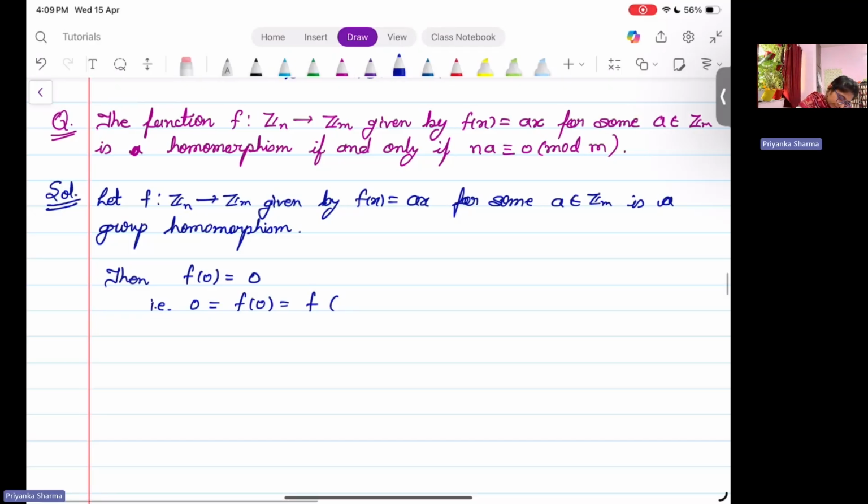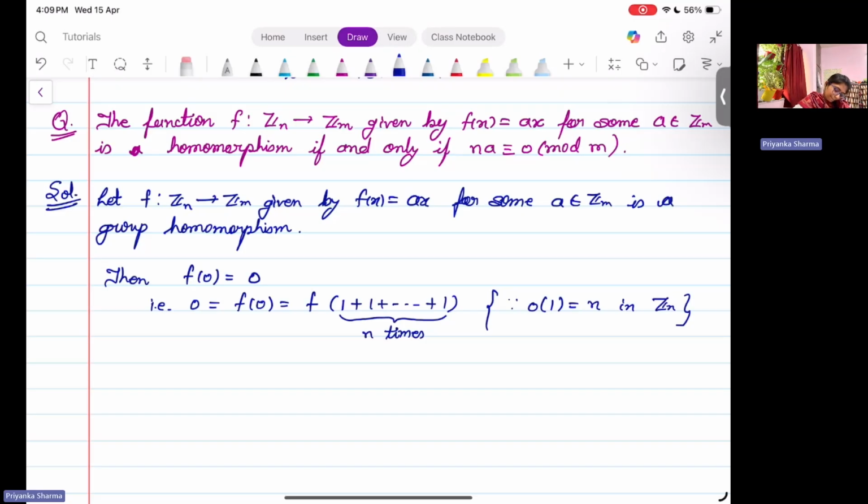So we can write it like this: 1 plus 1 plus 1 up to n times, because 1 is a generator of Zn and the order of 1 is n in Zn. Let me write it. Order of 1 is n in Zn.